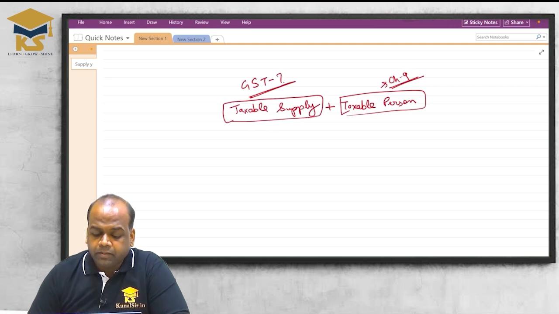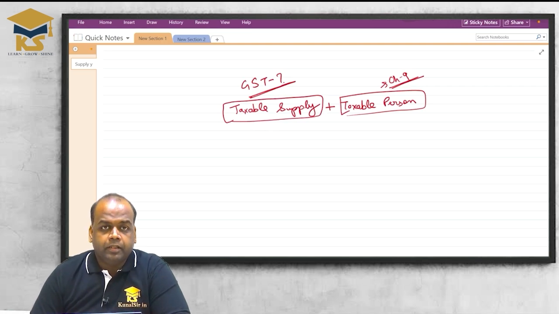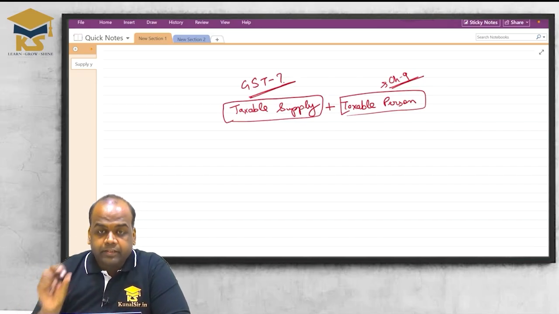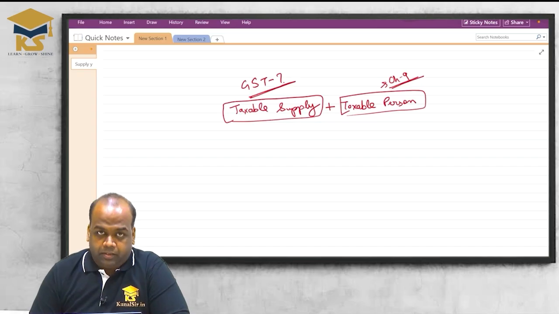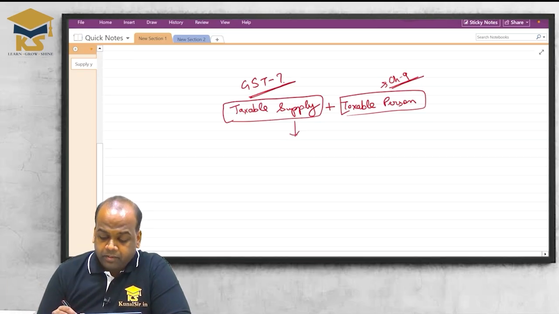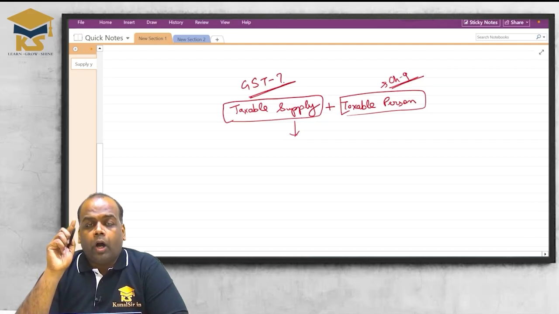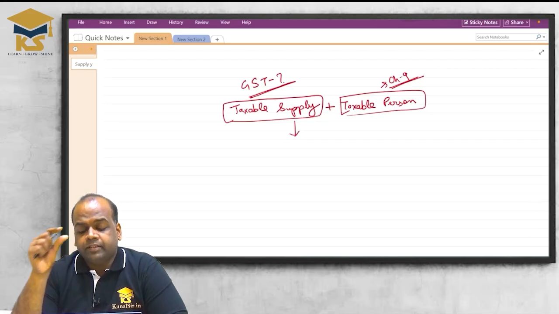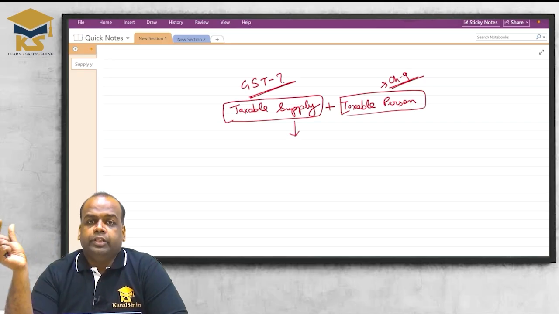So again 2 words, taxable and supply. Taxable we can understand, on which tax has to be paid, which is not exempt. Second, what is supply? That we are going to cover in this chapter. Friends, clear? So unless and until some transaction is classified as supply, there is no GST.